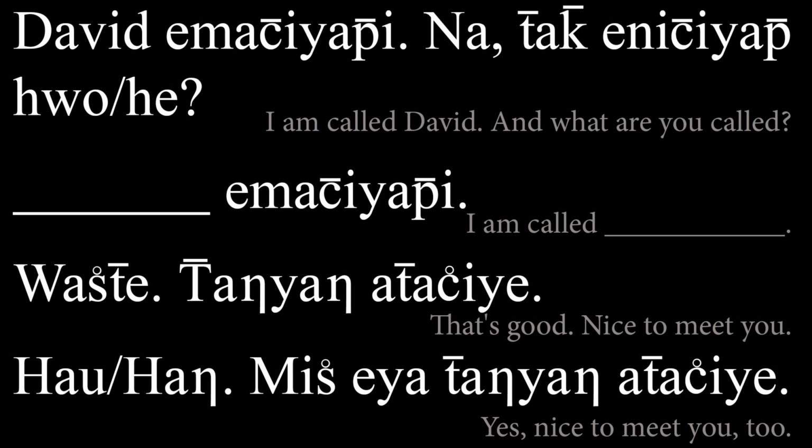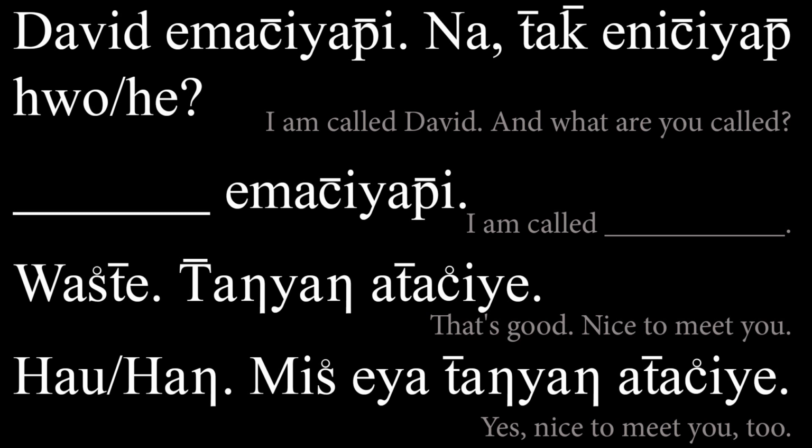Emachiapi, you see that where it says David emachiapi, and in the second half of the sentence, you see enichiab. As I said, this is a short way to say inichiapi. It's just the I is missing at the end. Now, inichiapi or inichiab mean the same thing. It means you are called.